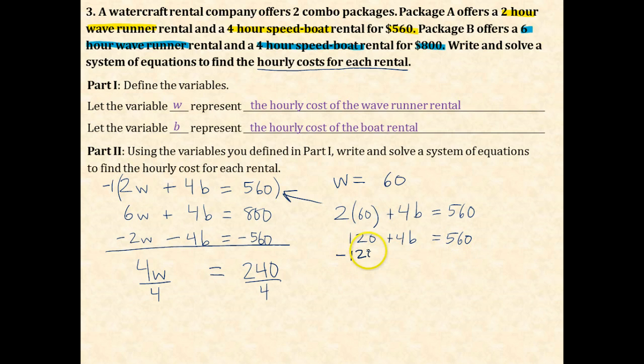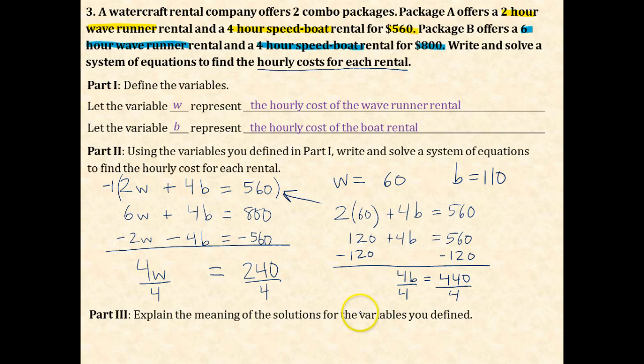We subtract 120 from each side, and we get 4B equals 440. Divide both sides by 4, and B equals 110.